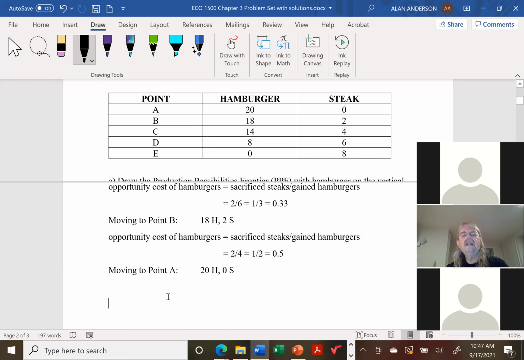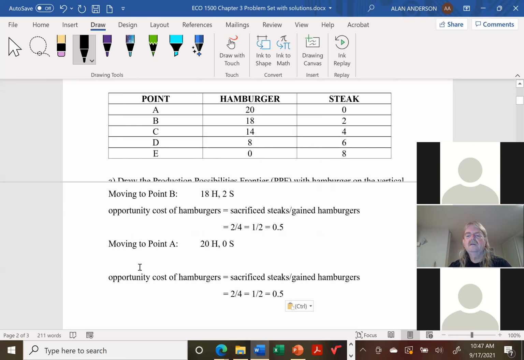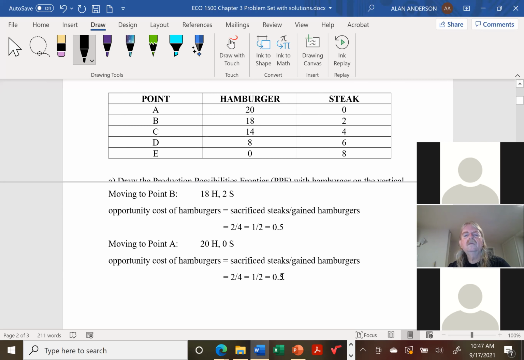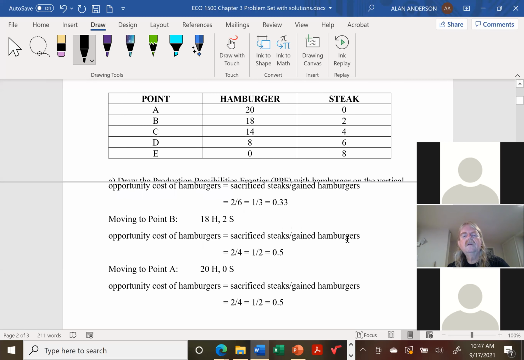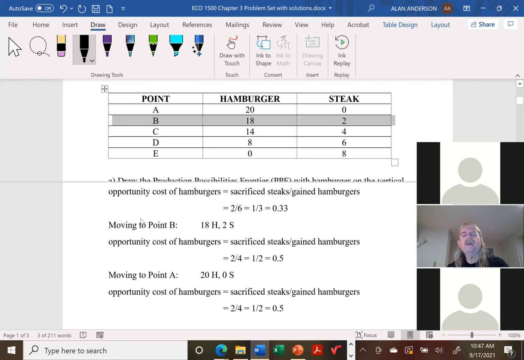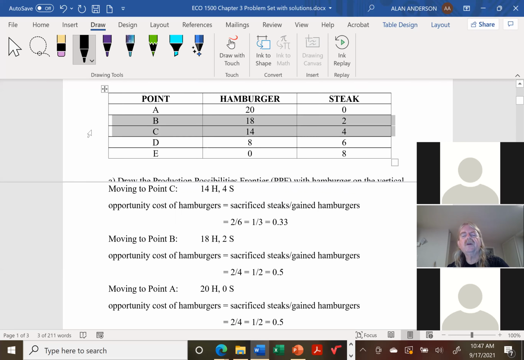I have a question. Yes, go ahead. Why, like it says moving to point B, it says 18H and 2F, right? That's correct, right here. So then how did you get 2 fourths then? Oh, all right. Well, what you have to do is compare that to point C. In other words, you're always comparing it to the previous point.